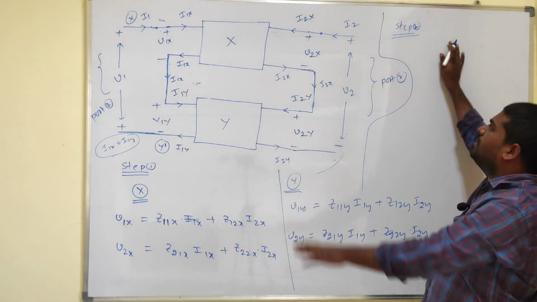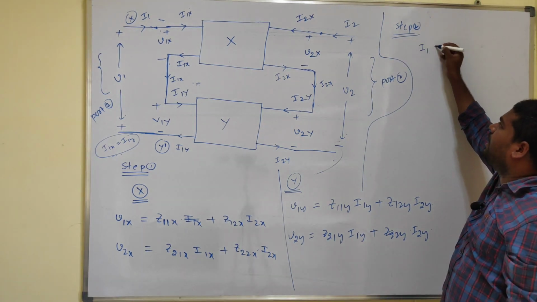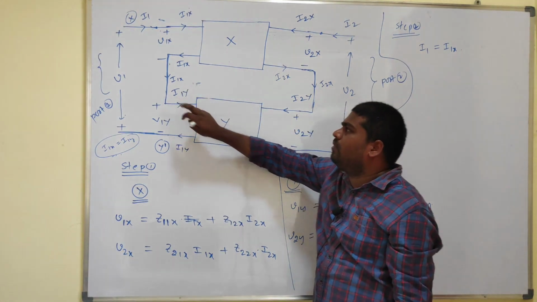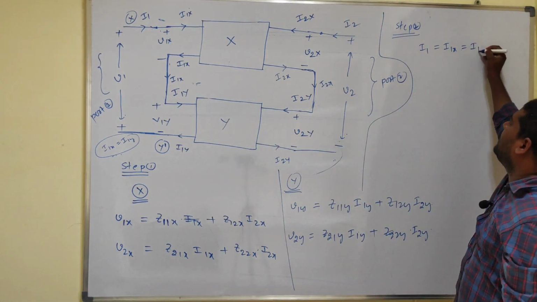From port 1 the observation is I1 equals I1x, and I1x equals I1y.